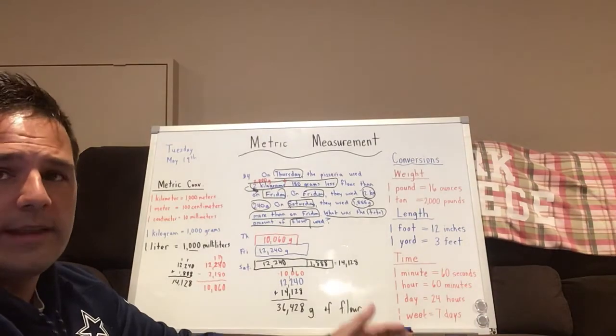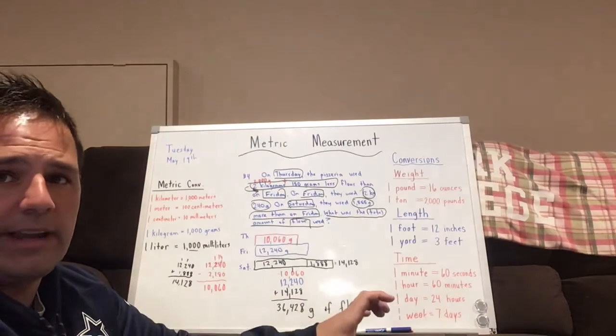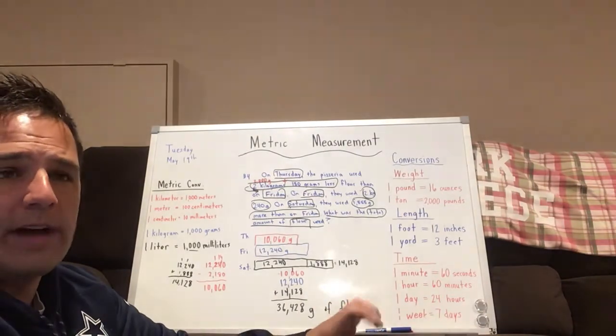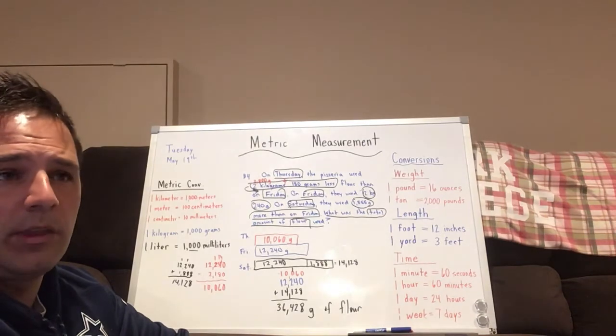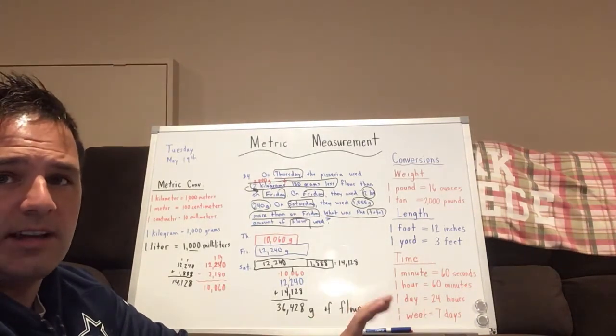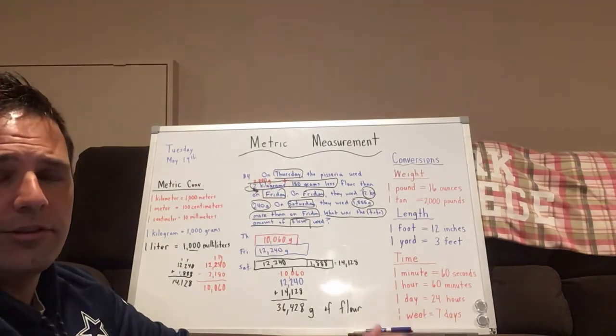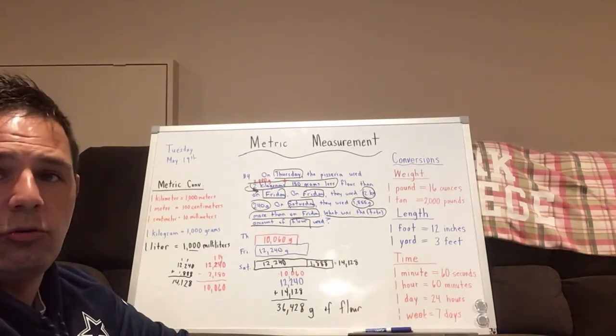So on Wednesday, if you want to do the first few problems, save it and then send it to me. I can check it then. And then on Thursday, after I send it back to you, you can reopen it and then you can finish the rest of the problems. If you would like to do all of the problems on Wednesday and just knock it out and get it done, that is fine also. And then on Thursday, you would only have a bell ringer to do. And then after that, enjoy your Memorial Day weekend.